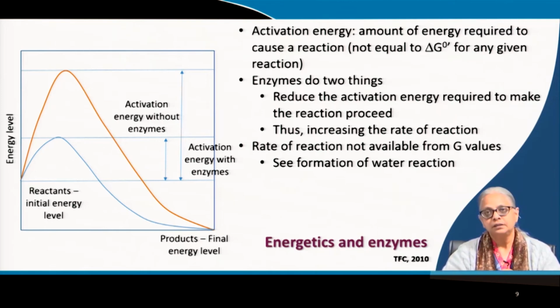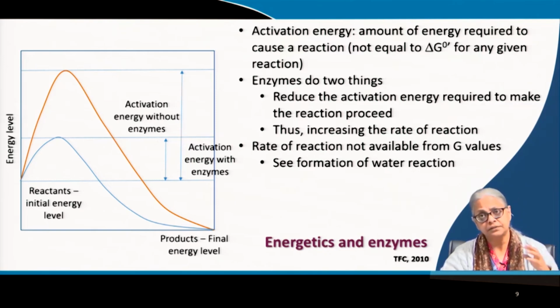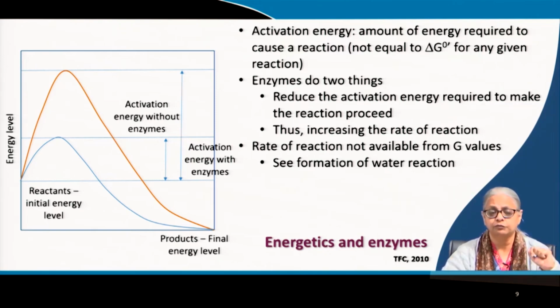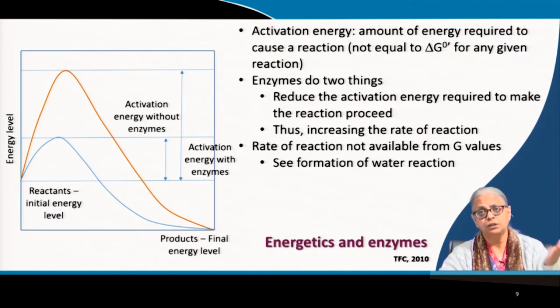Okay, it needs something more. So I can start heating it and I can combust the entire thing. What will happen? Yes, I will get CO2 and water at the end of it. But that's not what we normally do. So that is the activation energy required to make the reaction happen and then get some energy out of it.